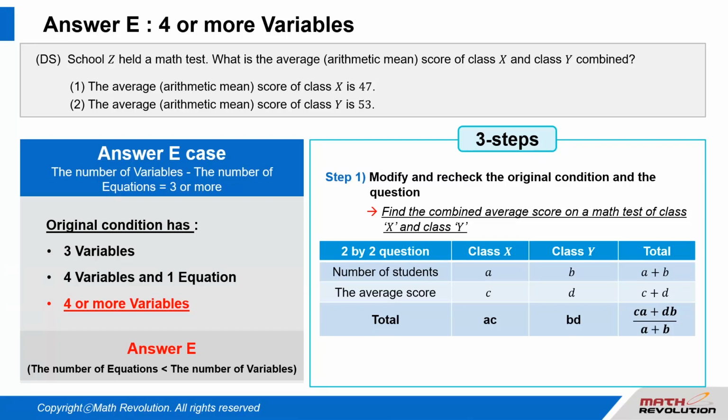The number of students in Class X, A. The number of students in Class Y, B. The total number of students, A plus B. The average score of Class X, C. The average score of Class Y, D. The total of Class X, A times C. The total of Class Y, B times D. The overall average, (C times A plus D times B) over (A plus B). So, we need to know the value of (C times A plus D times B) over (A plus B).